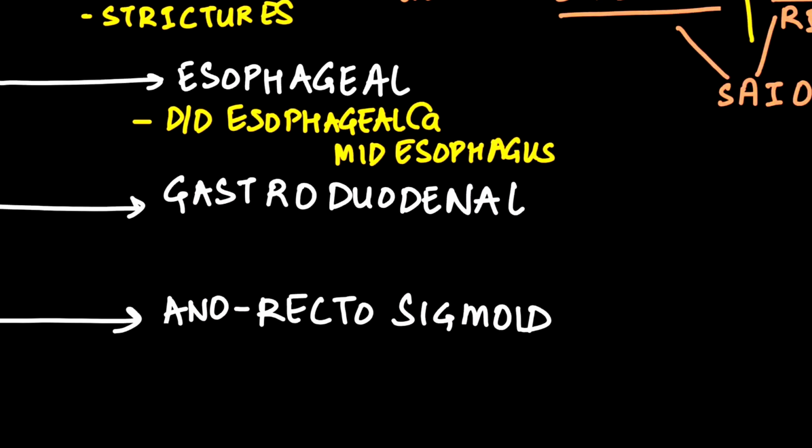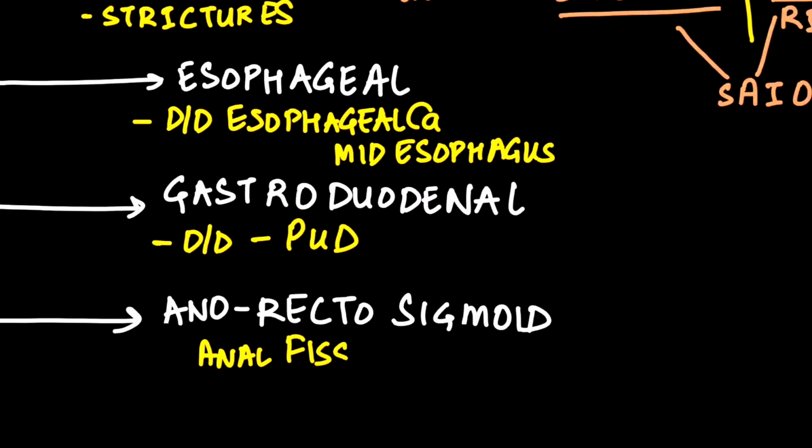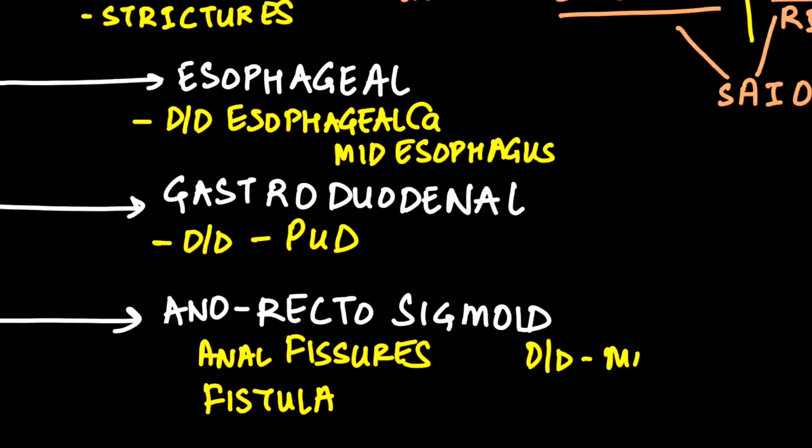Next, coming on to the gastroduodenal tuberculosis, the differential diagnosis of this is a peptic ulcer disease and can present with gastric outlet obstruction. The anorectosigmoid tuberculosis usually presents with anal fissures, non-healing, multiple fistulas, and again, the differential diagnosis is a malignancy.